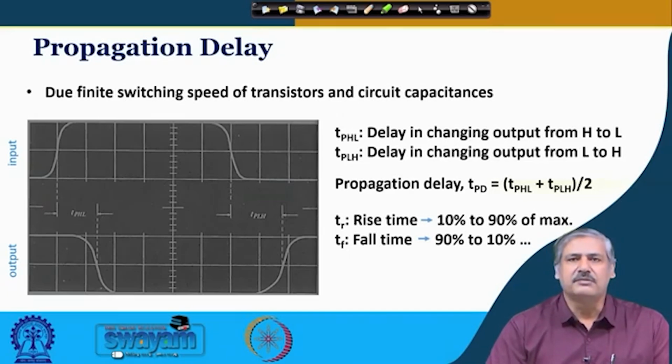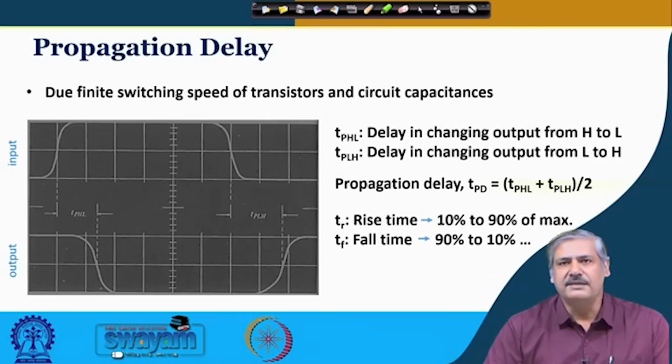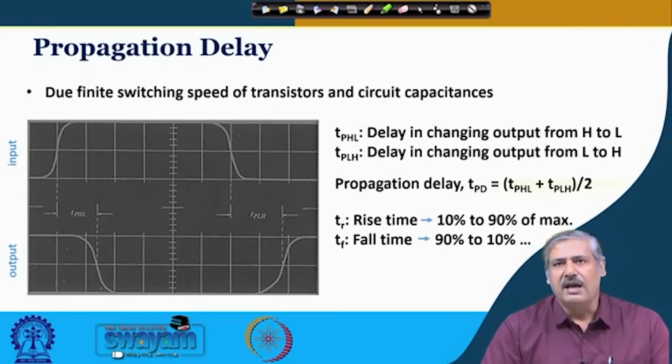So, transistor from off to on or on to off, in that journey there is a redistribution of charge in the transistor junctions. We know that in NPN transistors, there are two junctions, base emitter and base collector junctions, and this redistribution of charges takes finite time. It does not happen instantaneously.